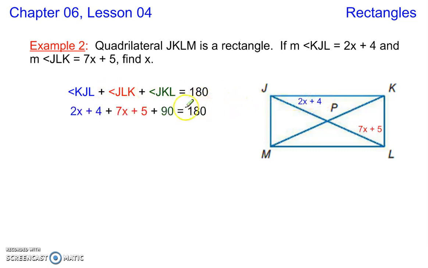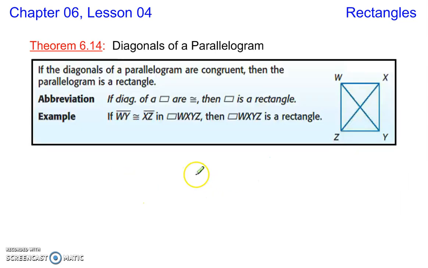Starting there, we know that this angle, JKL, is 90 degrees, plus the other 2 gives us a triangle of 180 degrees. So simplify, combine like terms, we get 9x plus 99 is 180. Subtract 99 and we get 9x equals 81. And then divide, we get x equals 9.